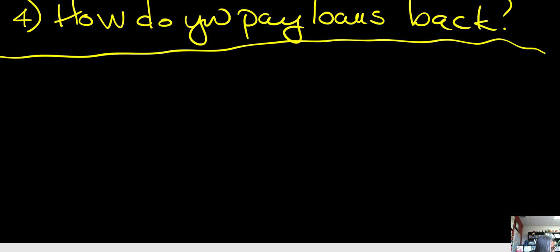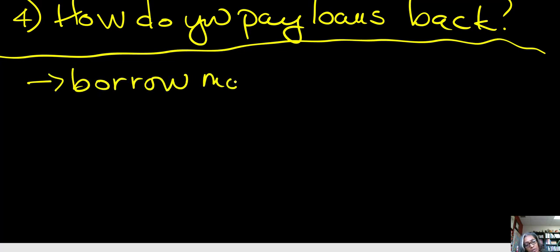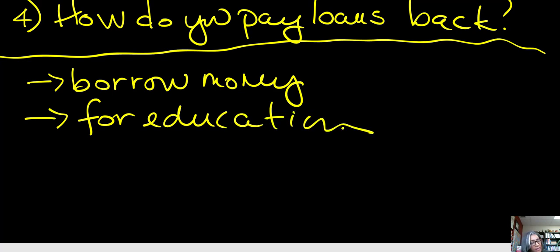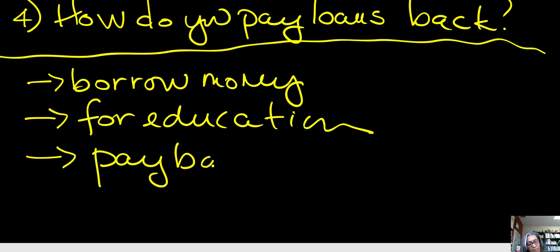So student loans are sums of money that you borrow for your education and you pay them back over time with interest. So we're going to borrow money for education and then we're going to pay back with interest.